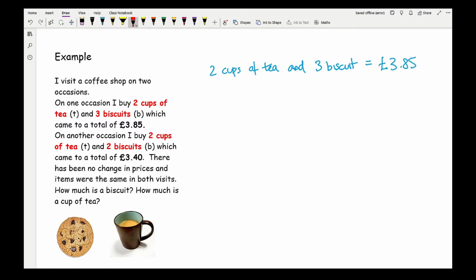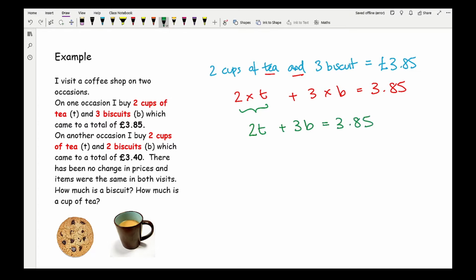So rather than writing tea, I'm going to use the letter t. So I've got 2 times t plus 3 times b, which equals £3.85. Now, again, using the rules of algebra, I can join these two things up. So I've got 2t plus 3b equals 3.85.